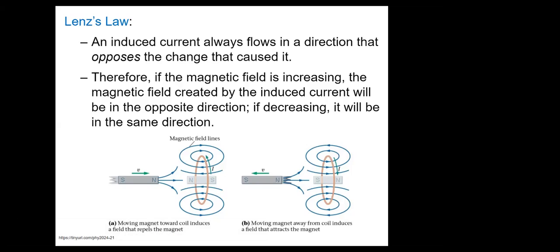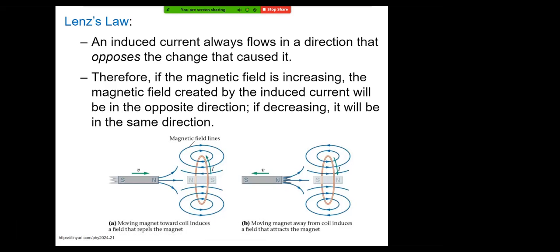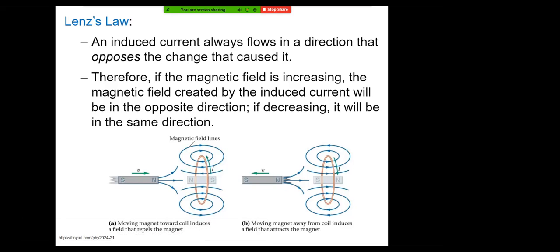So if this bar magnet is moving towards the loop, the loop, because of the induced current, will produce a magnetic field that is opposite to this one, because like poles repel each other. Actually, it opposes the motion by going close, so you'll probably see a repulsive force.